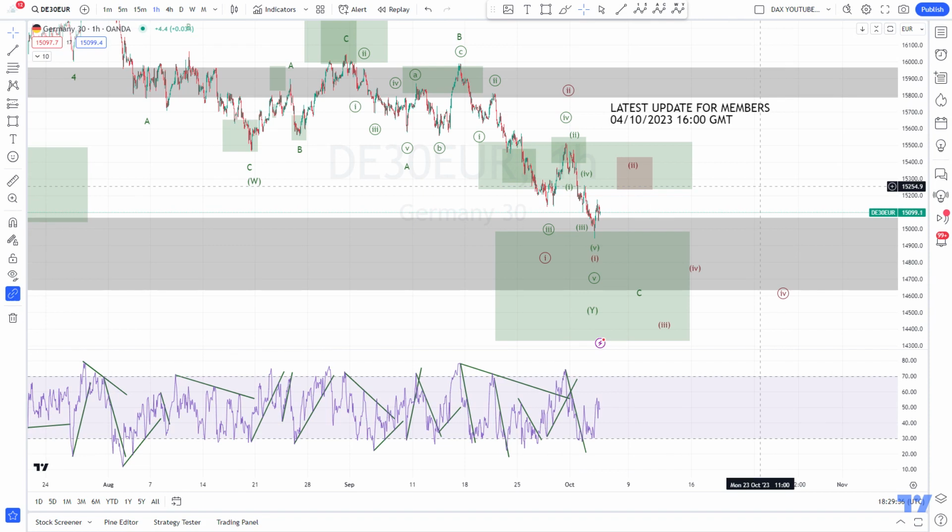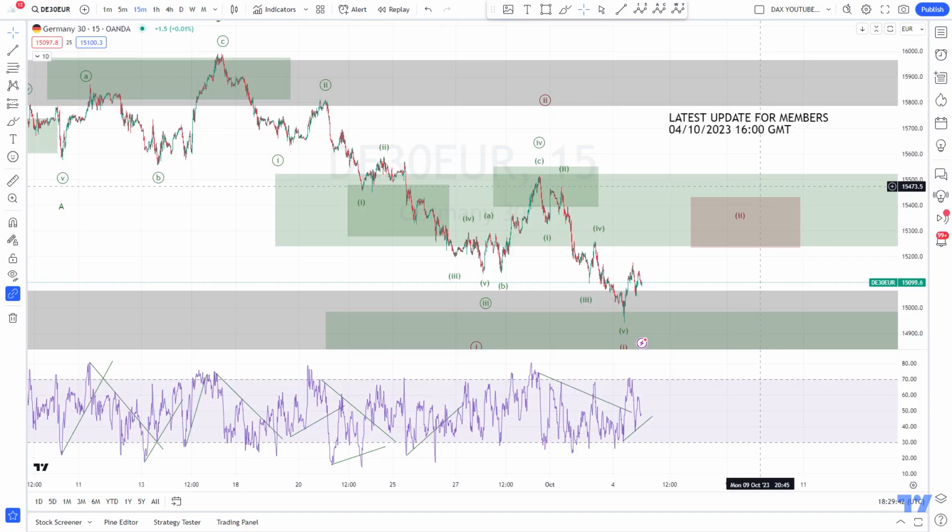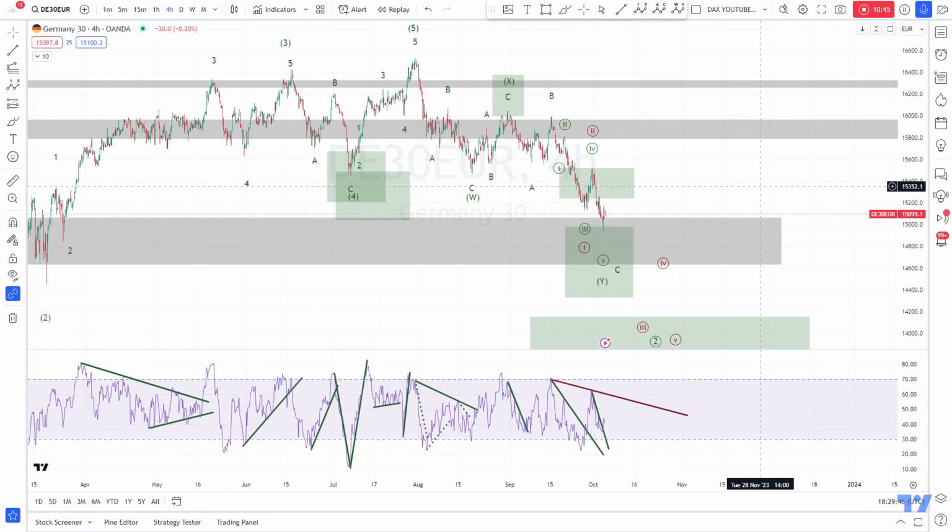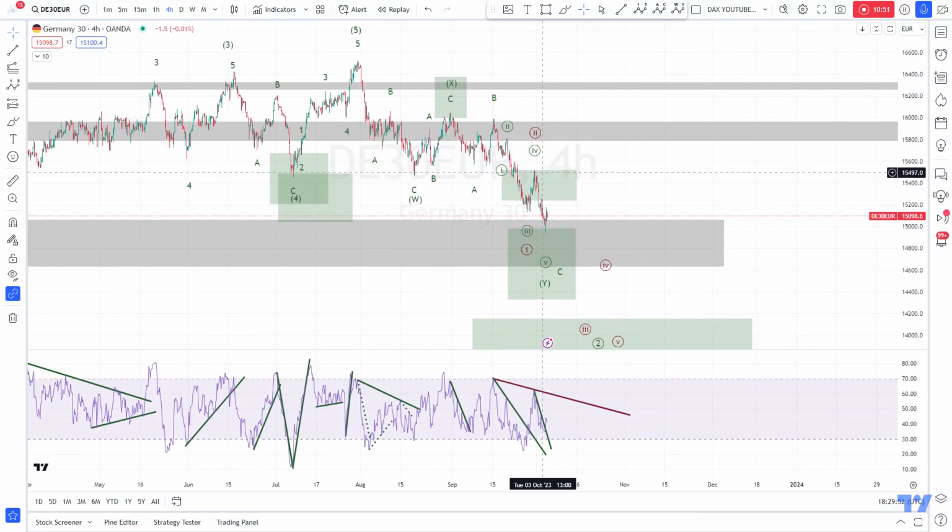It's hard to say which scenario will play out. A good indication would be that we take out this high here. If we take out this high, then it would mean that we start to break this bearish sequence of lower lows, lower highs.